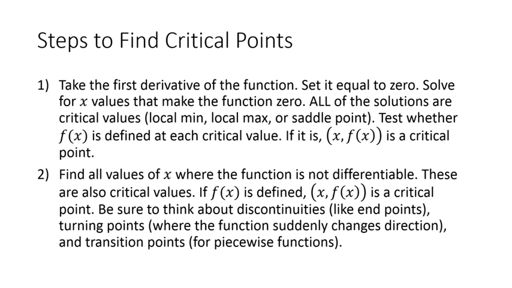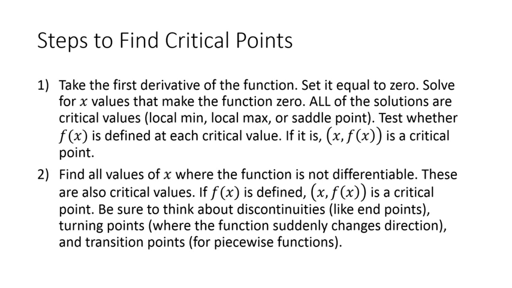If you're looking for this second kind of critical point, basically you're going to be looking for any kind of discontinuity, like endpoints, transition points for piecewise functions, or any kind of turning point, like when an absolute value function suddenly reverses course at the x-axis.